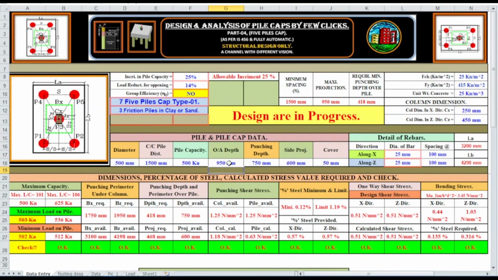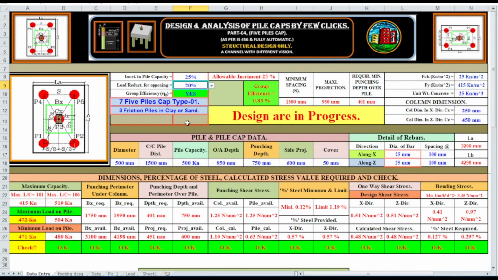But look here, maximum load on pile is increased a little bit. So now I'm going to accept group efficiency. Now we can increase this up to 20%.